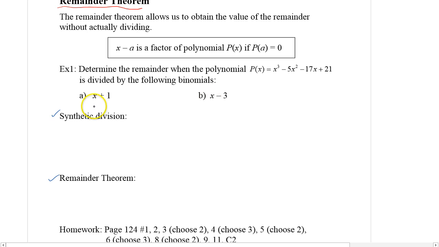In the first case, my a value is going to be equal to -1. In the second, my a value is going to be equal to 3. So I'll use synthetic division. With x cubed minus 5x squared minus 17x plus 21, I have a 1 for my x cubed, a -5, a -17, and a positive 21. I draw my L-shaped thing and put a -1 there.